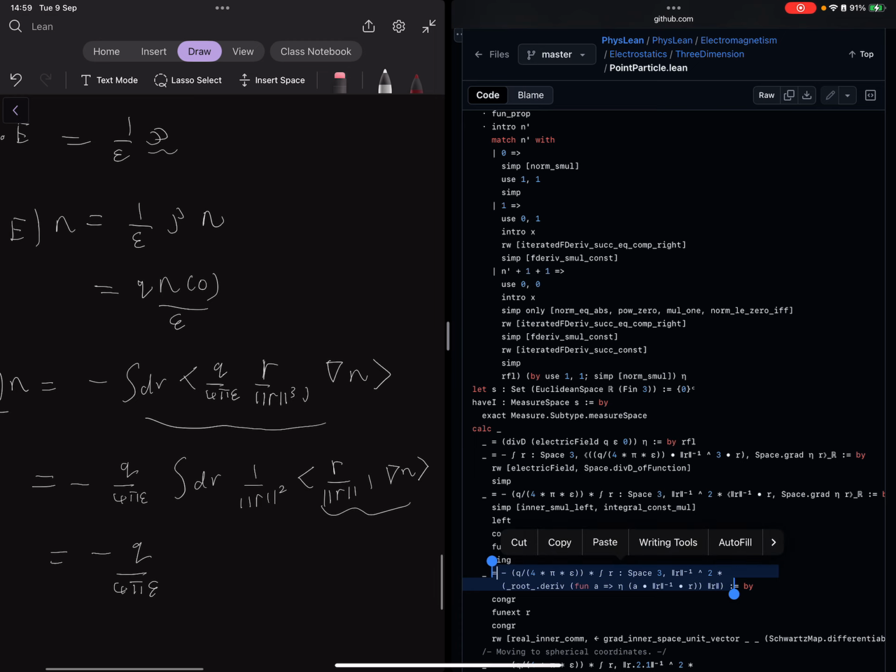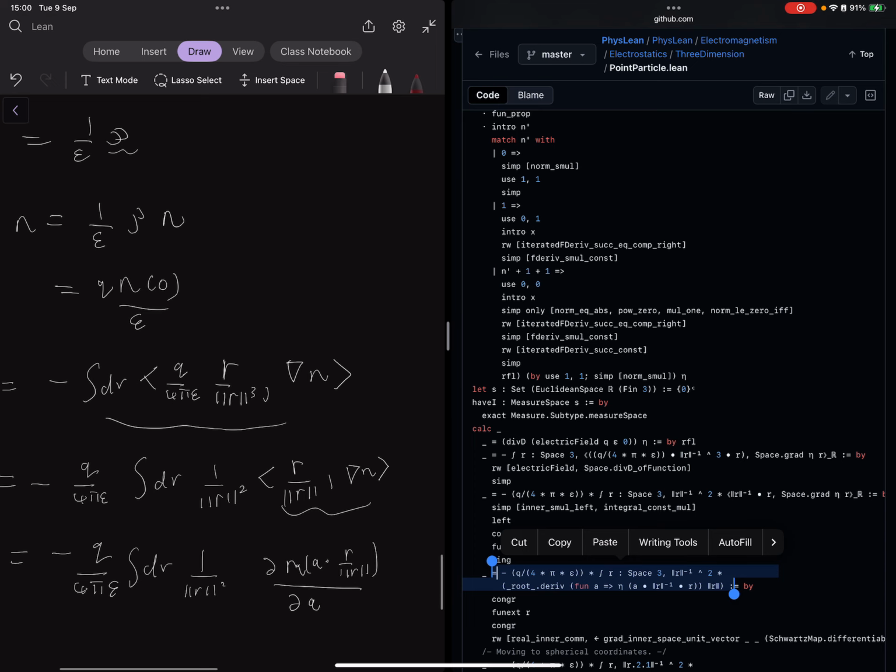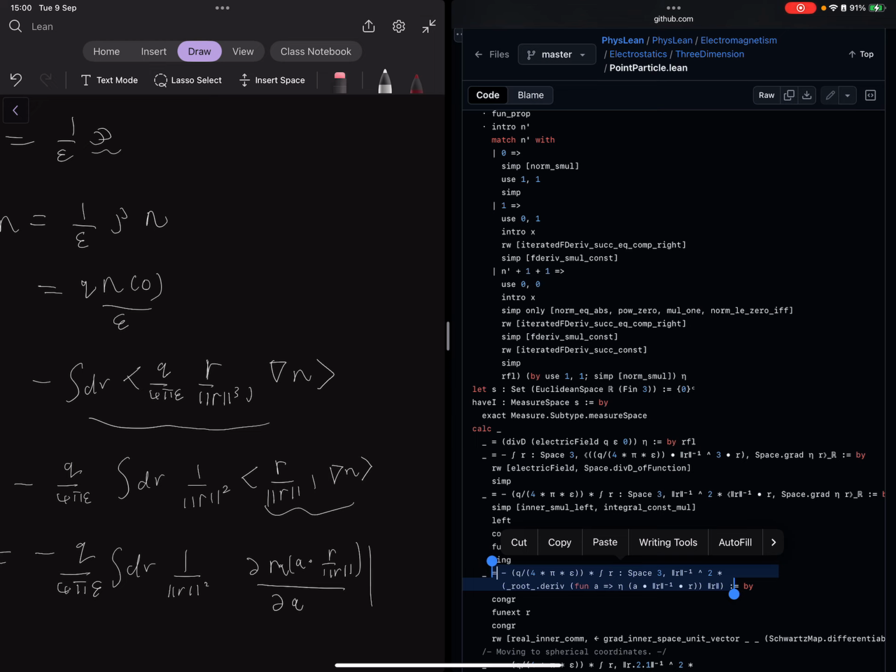This gradient in the direction of r, which is essentially what this product is saying, is actually equal to the derivative of eta at a in the direction of r, evaluated at a equals r.